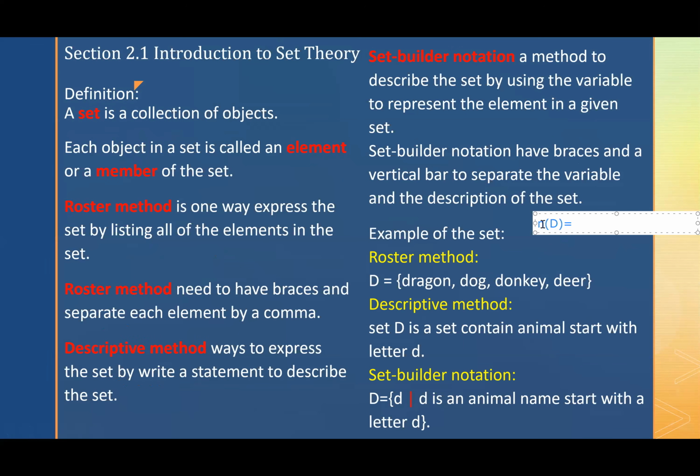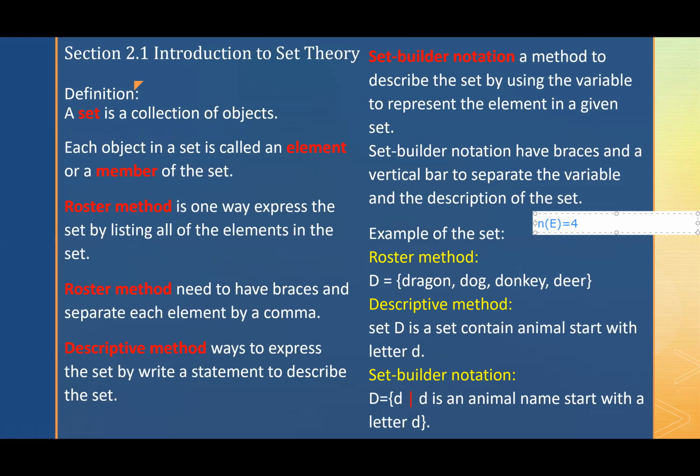If they just ask you this question, n open D close equal to, meaning again, this set D, how many elements are in there, you just say 4, right?